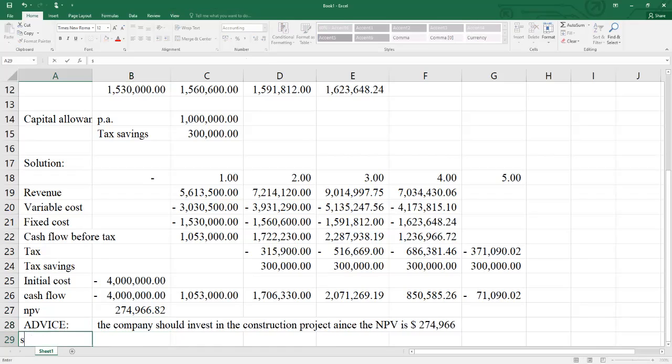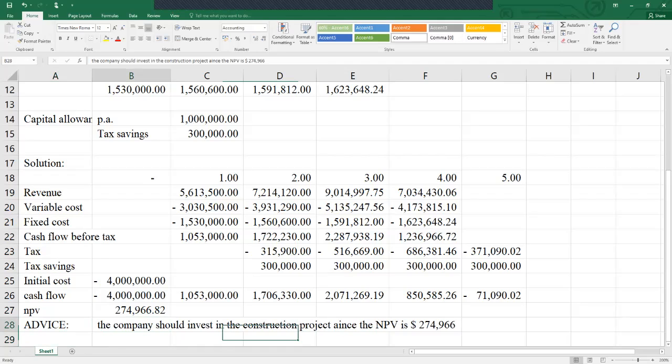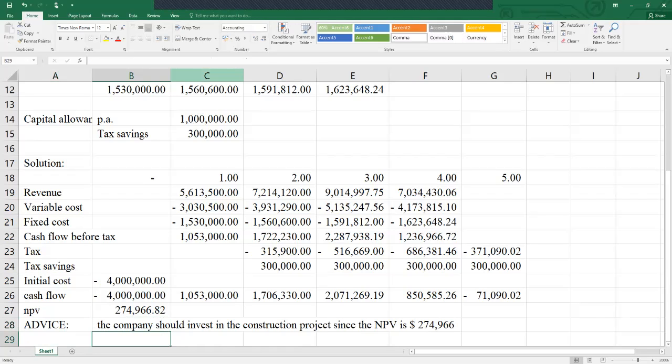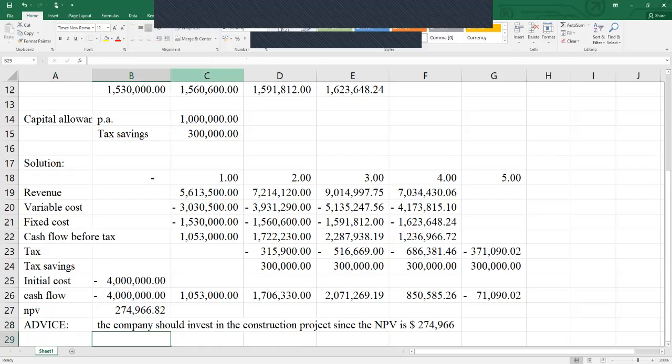Sir, could we use short forms, like if it's variable cost, we just write VC, fixed cost FC? Yeah, you can do that. There's no harm, provided the examiner can tell what you mean by VC.